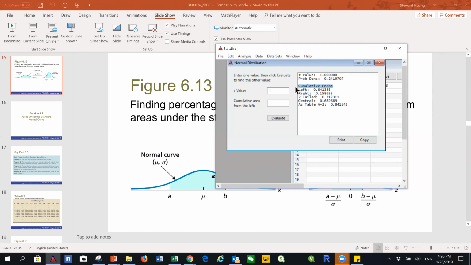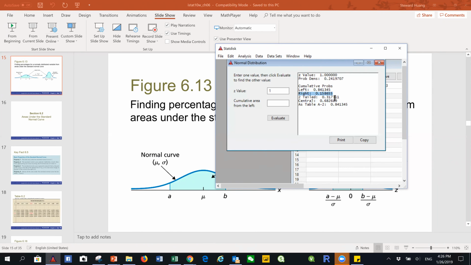That means when you plug in 1, it calculates the area to the left of 1 for you, which is 0.8413, and then the right is 0.158. So to find the central area, you have to find the lower tail, but the lower tail is equal to the upper tail, which is right here.